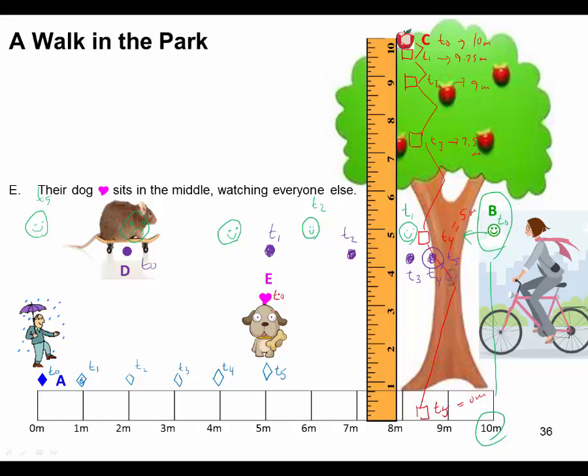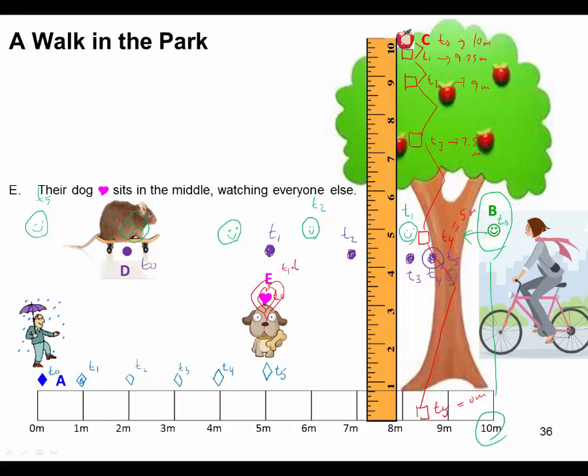At time 1, what has he done? Well, nothing. He's still at 5 meters. And like we did over here when Stuart Little stopped for the last time interval, we just circled the previous one to show that he's still there. So I'm just going to draw another heart around that. And that is time 1. Time 2, he's still going to be staying there. So we can draw another heart around that one to show that he's at the same spot.